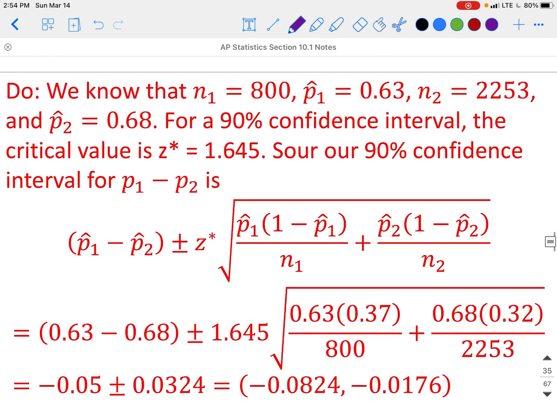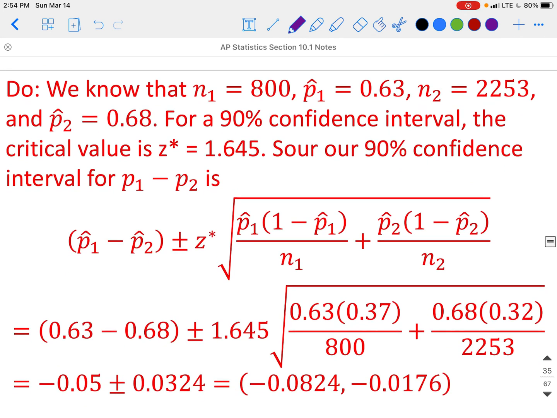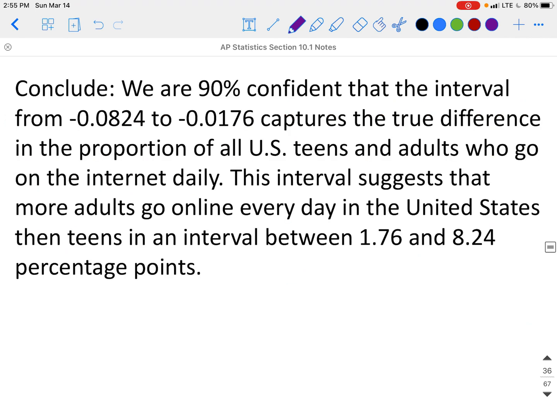If we plug in our information, we're going to end up with negative 0.05 plus or minus 0.0324, and that's going to give us an interval of negative 0.0824 to negative 0.0176. The last thing we need to do is our conclusion.